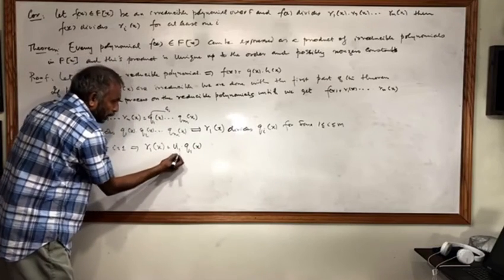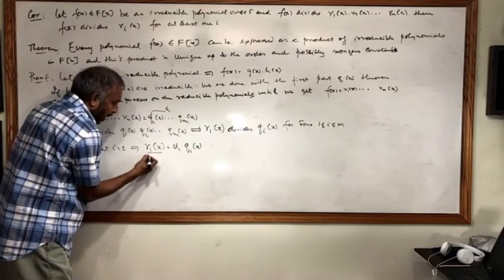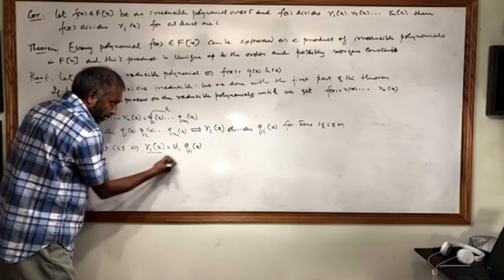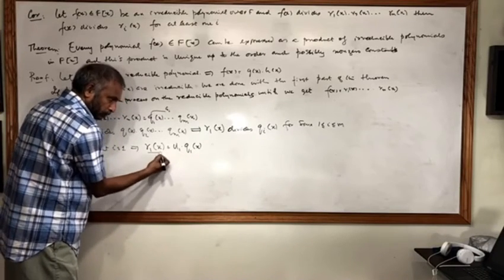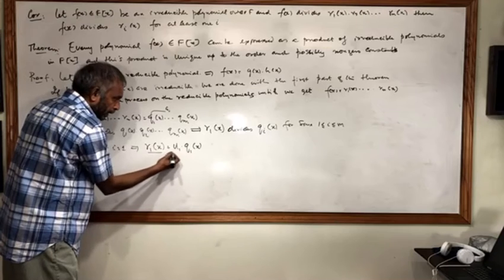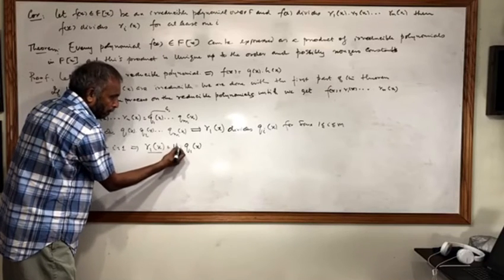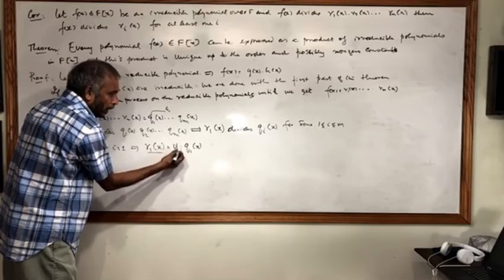This has to be a unit because both r1 of x and q1 of x are irreducible polynomials. So the only thing is that it could be a multiple of a non-zero element from F.